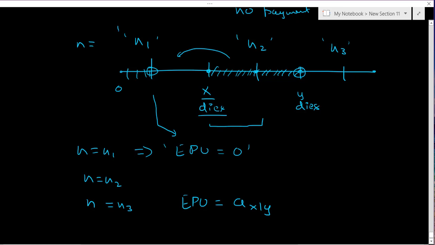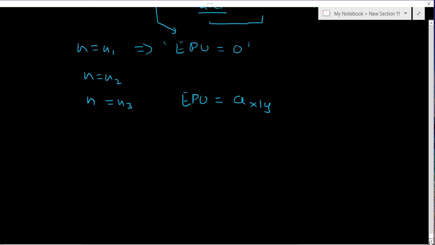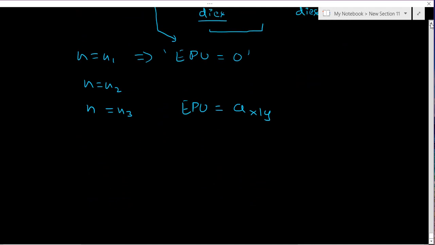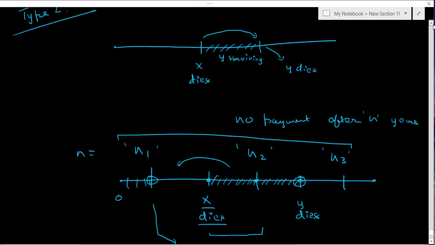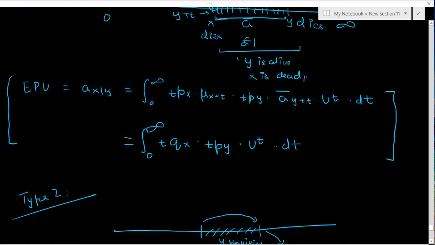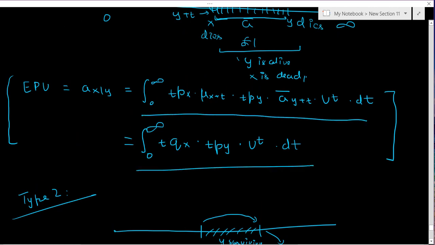So we have to model all these events, and it would get really complicated. So let's see how we deal with this. I told you that I have two definitions for these kinds of contracts. Either I can use this definition or I can use this definition.